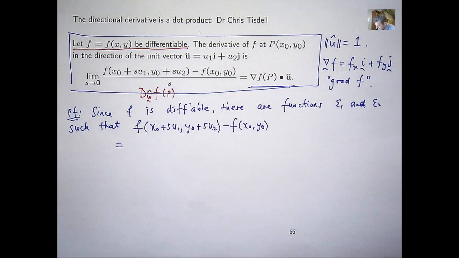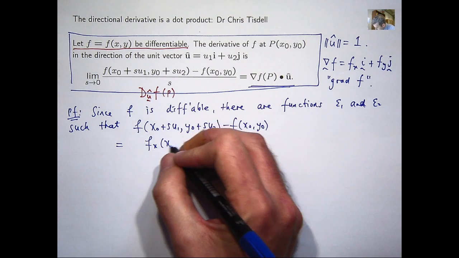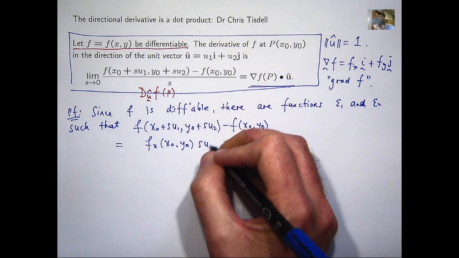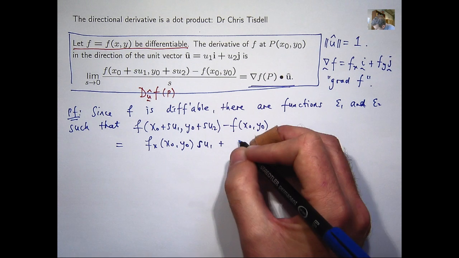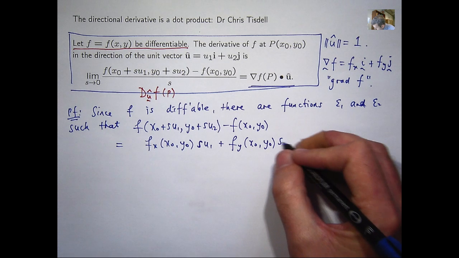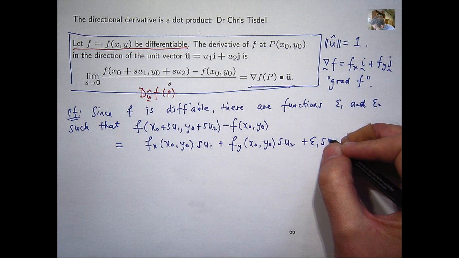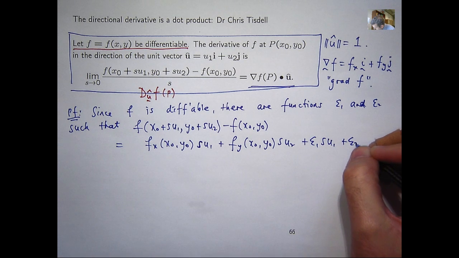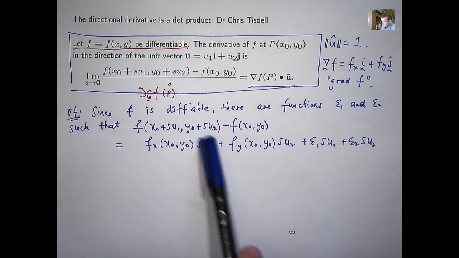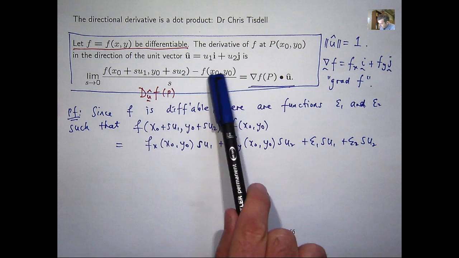I can write it like this. Okay, so this difference can be written in terms of the following. Now, as you can see, basically we're just taking the partials and multiplying them here by the difference in the arguments.